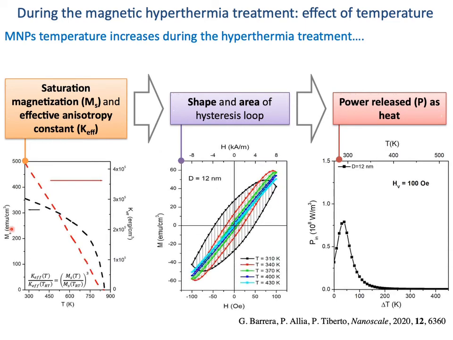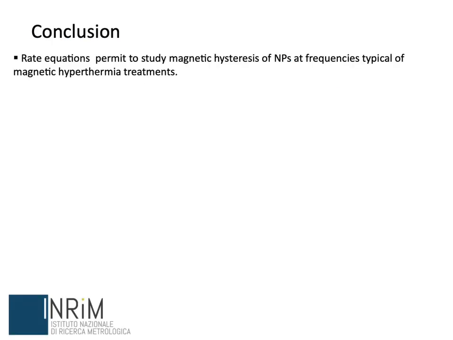This is not true in reality, although please remember that we move in a very low temperature change, because for being effective in hyperthermia we have to reach temperatures in the body as high as 45 degrees Celsius. Anyhow, this is an approximation.